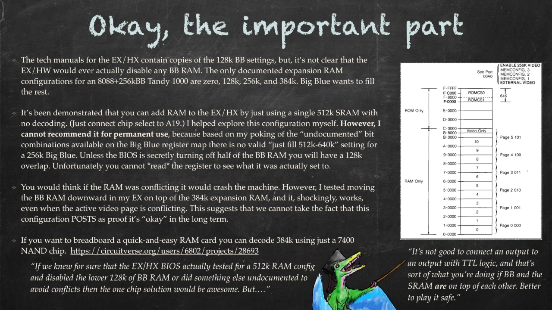So again, the reason I'm pointing this out is if you decide to build your own Tandy 1000 memory card, I would strongly suggest you decode the bottom 384K instead of just wiring up that one chip. The one chip is really cool, but you can add a single, say 7400, and decode 384K and eliminate any worry that you might be slowly damaging your 1000.